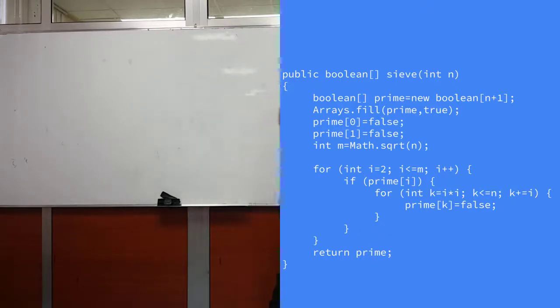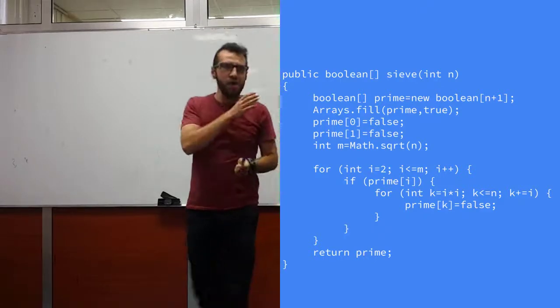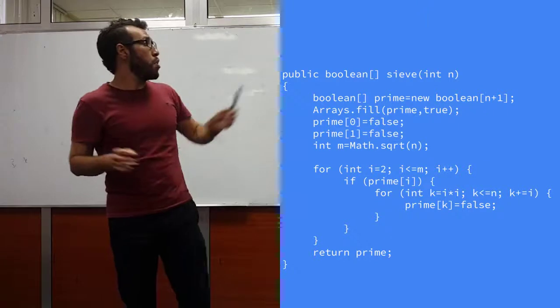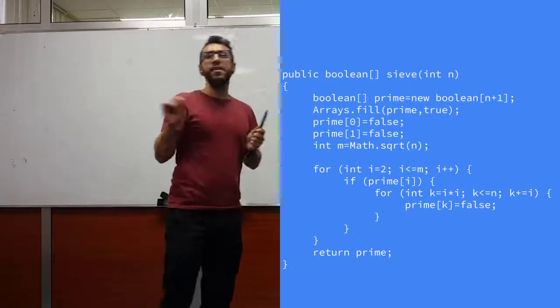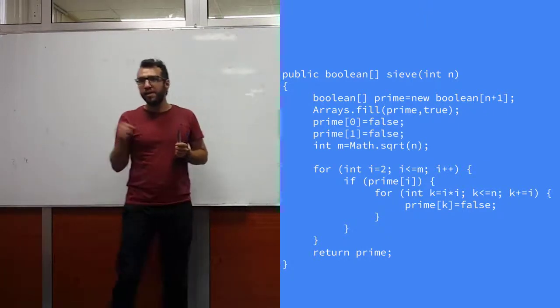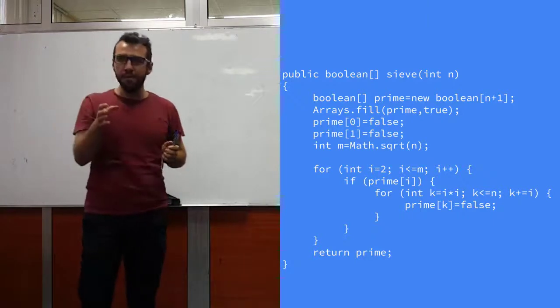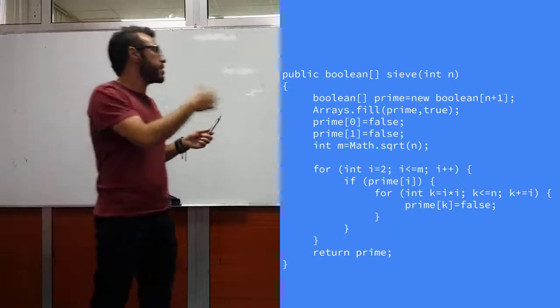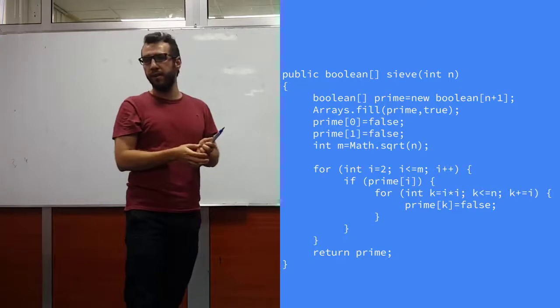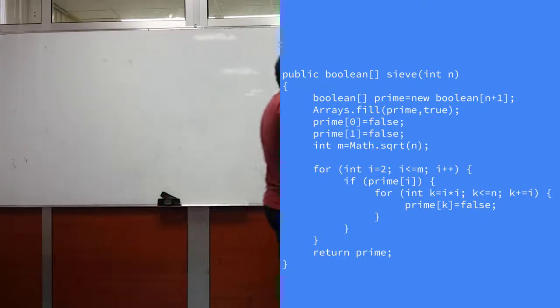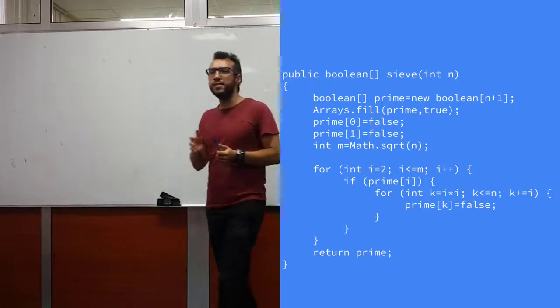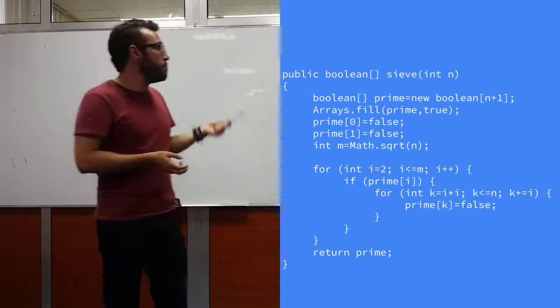And after that, we get the square root of the number that we want to fill our primes array up to. So n here does not represent the number of primes, but the maximum number up to which you want to populate all the primes. And in order to do that, looking for all the numbers that are less than or equal to the square root of n is enough.